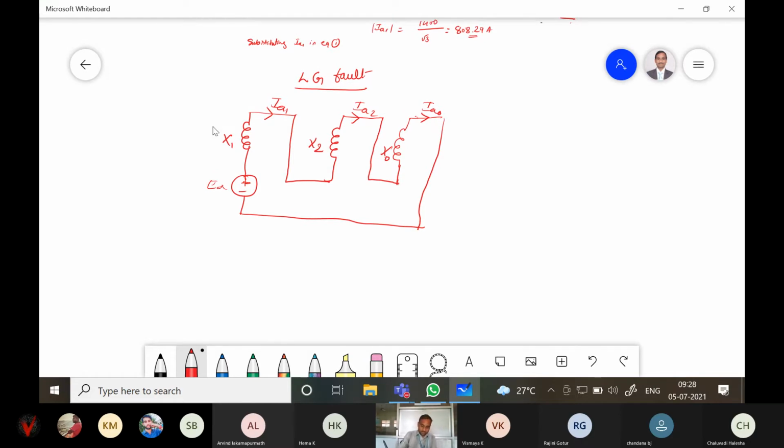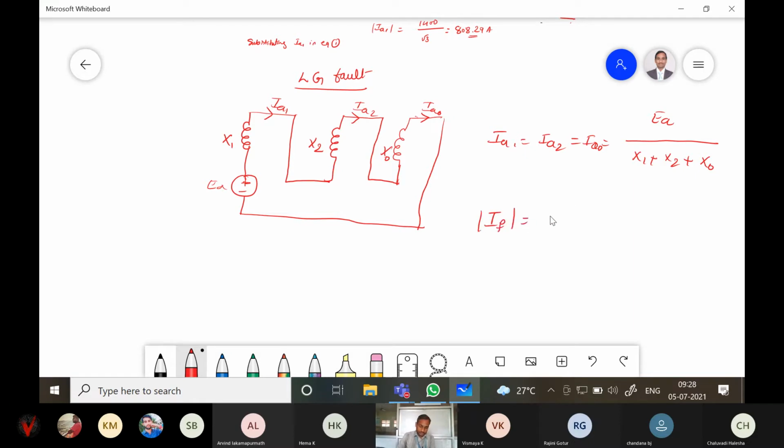From this we get IA1 is equal to IA2 is equal to IA0, which is equal to EA divided by x1 plus x2 plus x0, right? In this case the fault current is given.